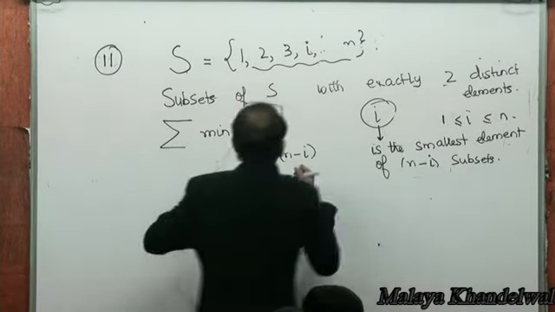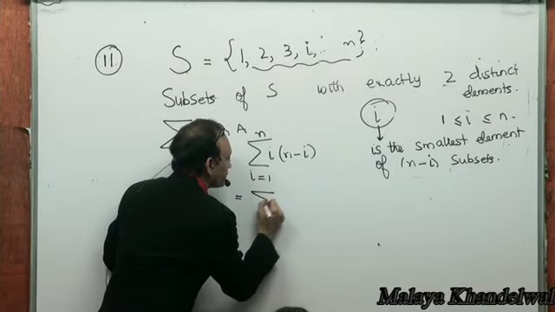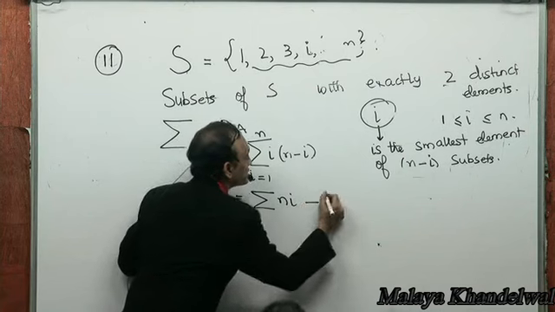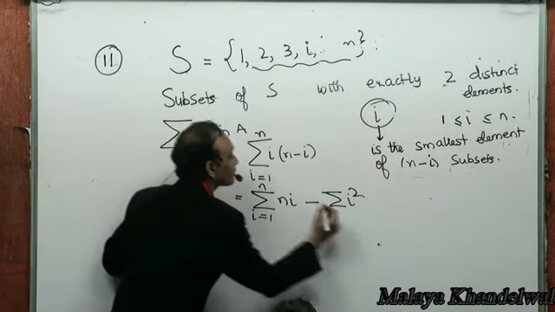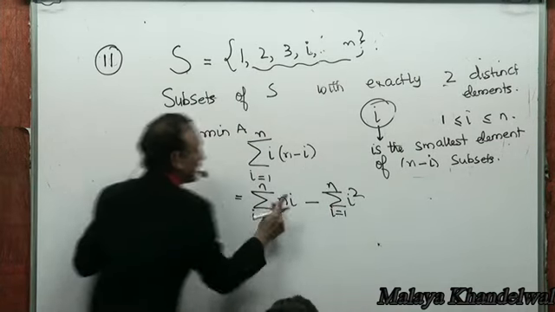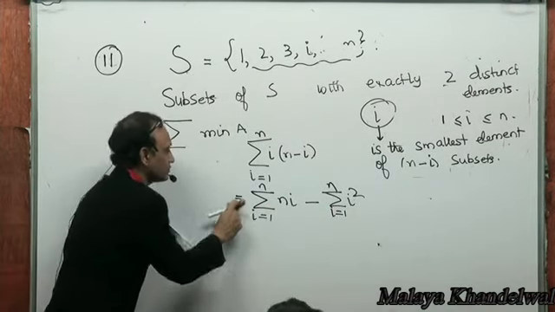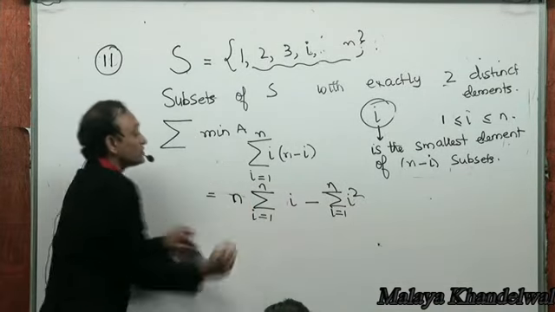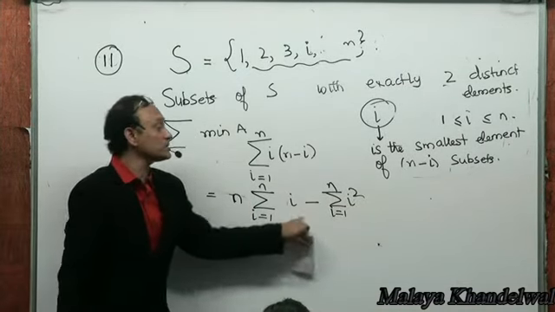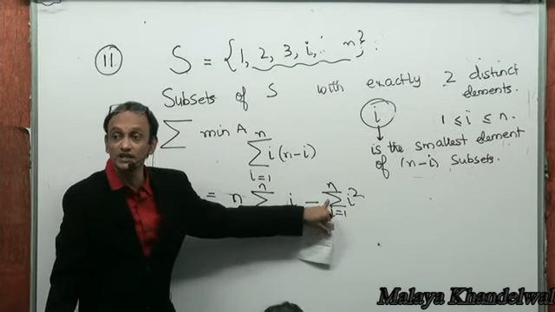So this is summation of n i minus summation of i squared, i equal to 1 to n. n will wriggle out of this summation, it's independent of i. Then this would be the sum of the first n natural numbers, and this is the sum of the squares of the first n natural numbers.